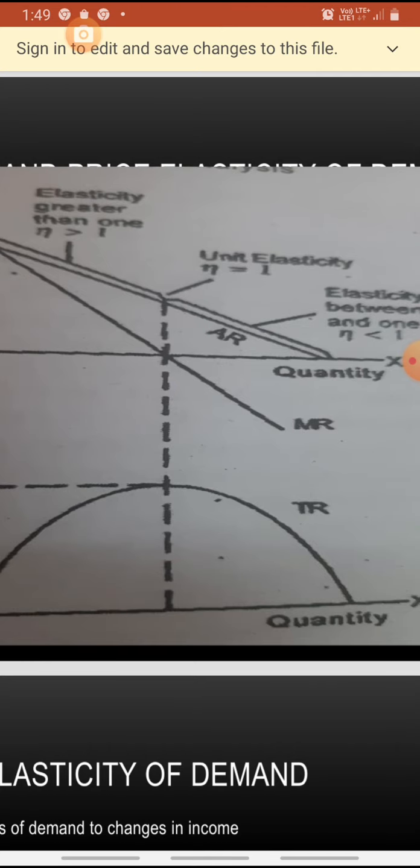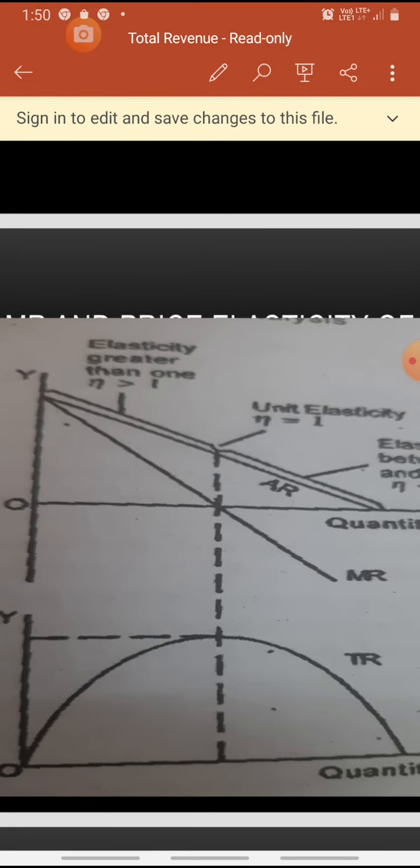OY is rupees, the OX axis denotes quantity, and TR is the total revenue curve. The upper portion of the graph shows average revenue and marginal revenue. When marginal revenue is equal to 0, total revenue reaches its maximum, and there elasticity is equal to 1. So this relationship is there.